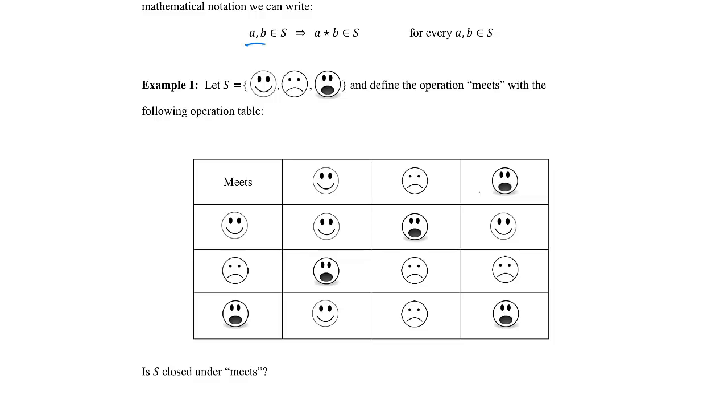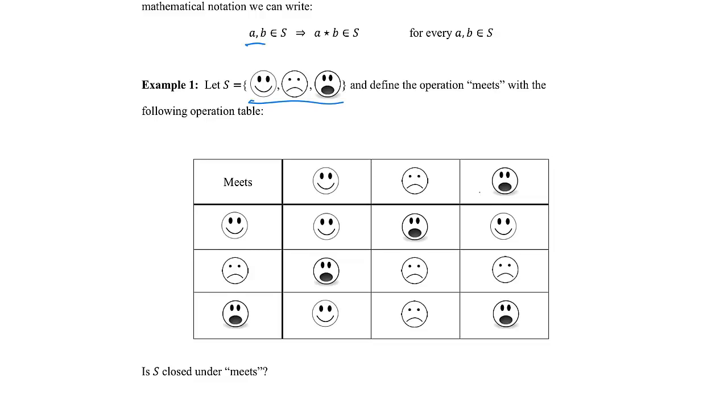So let's suppose we start with a set: happy, unhappy, and surprised. And we're going to combine these items in our set with the operation meets. So we have a happy meeting an unhappy, a happy meeting a surprised, and so on.